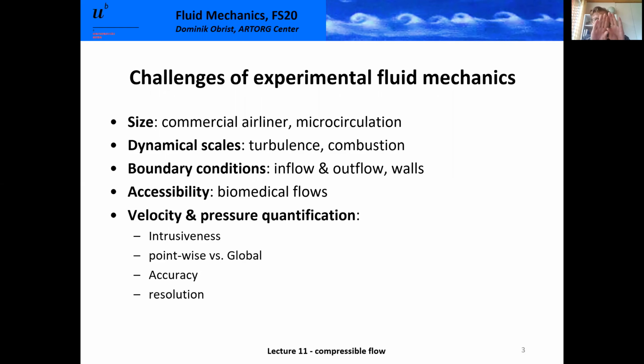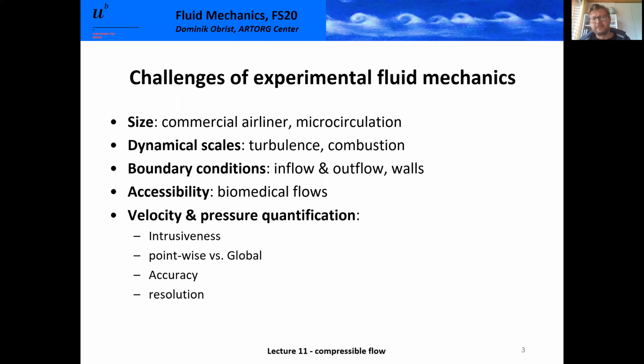Or you have a global method which measures a whole field, 2D or maybe even 3D, in one instant. Then, of course, accuracy is an issue, and resolution, and the obvious things of measurement technology. So these are probably not exhaustive. This is probably just a few examples of special challenges of experimental fluid mechanics.